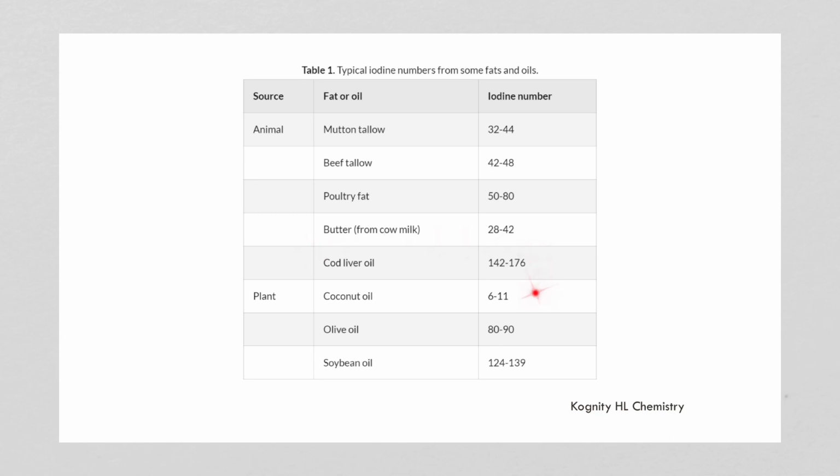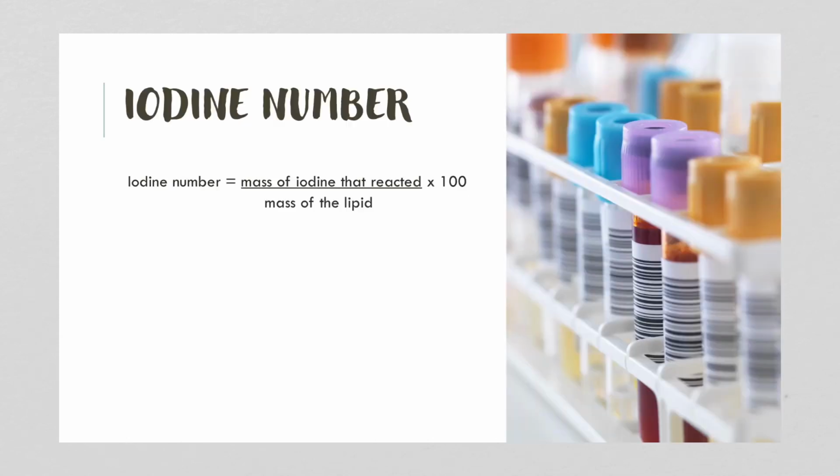Cod liver oil, remember, fish have oils, or unsaturated fats, rather than saturated fats. And one example of a plant oil, coconut oil, is actually quite saturated, which makes sense because it is solid at room temperature.